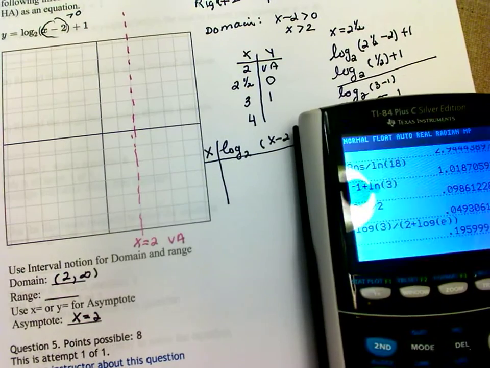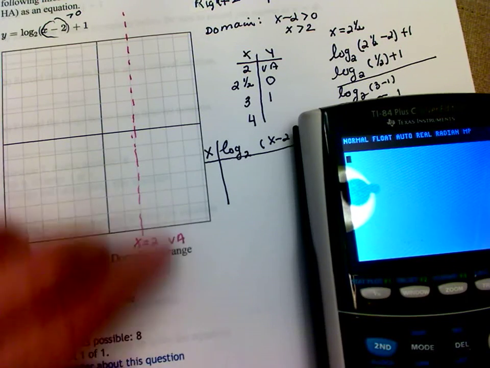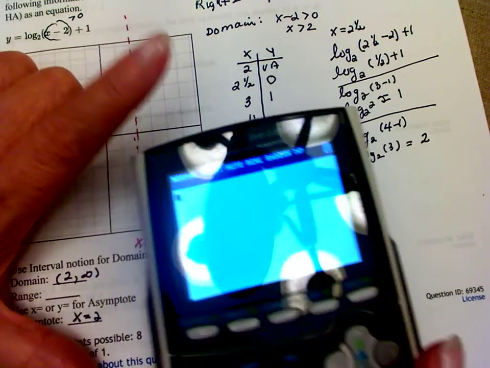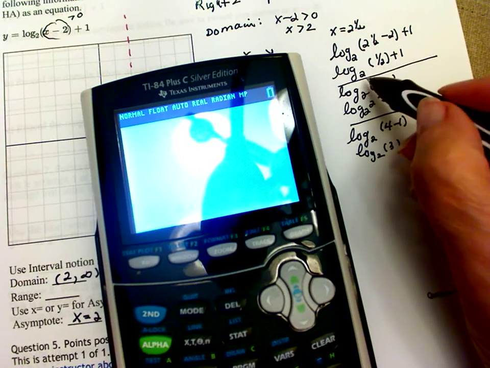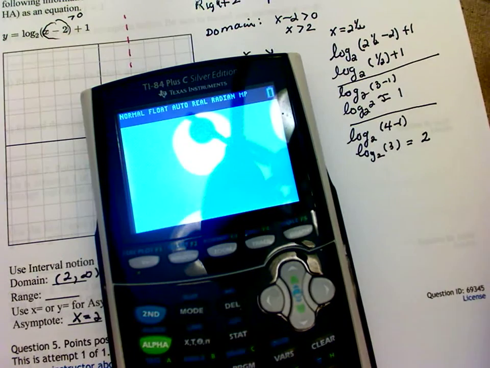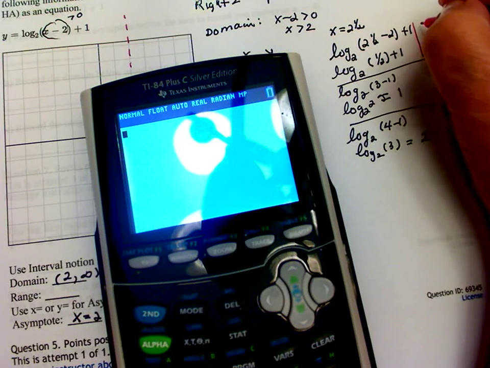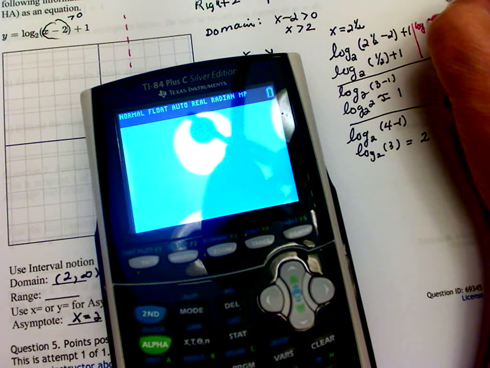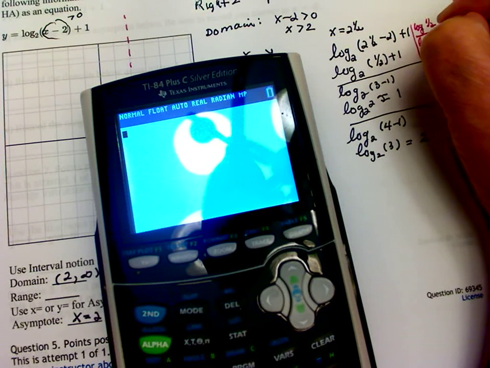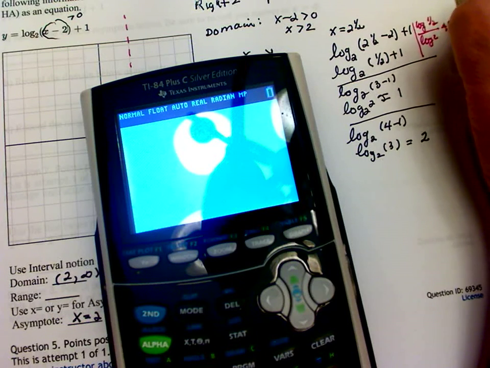Let's check this out. Now, what you could do is the change of base formula. That's one of the things you could do. That log base 2 of 1/2 would turn into the log of the argument divided by the log of the base, plus 1.